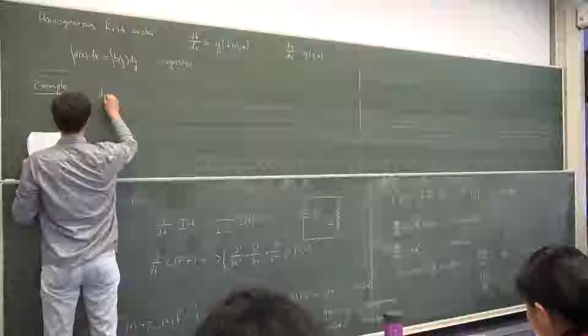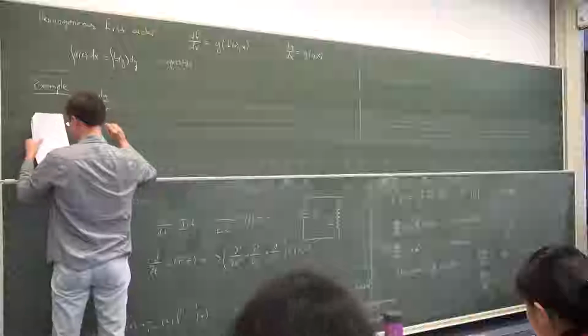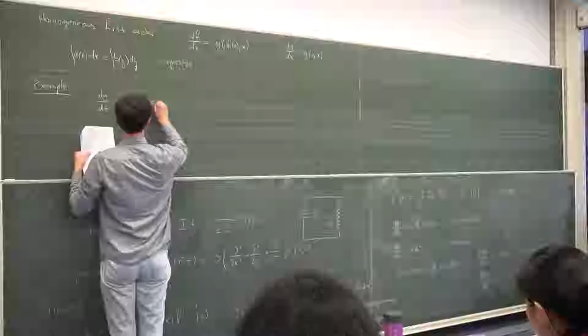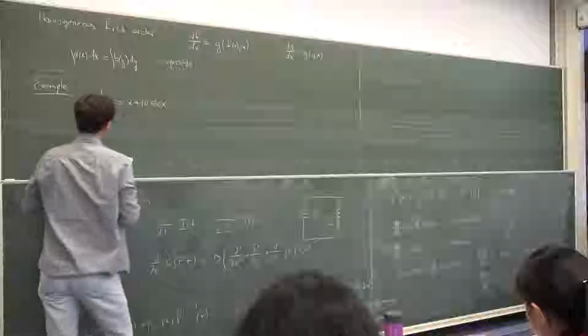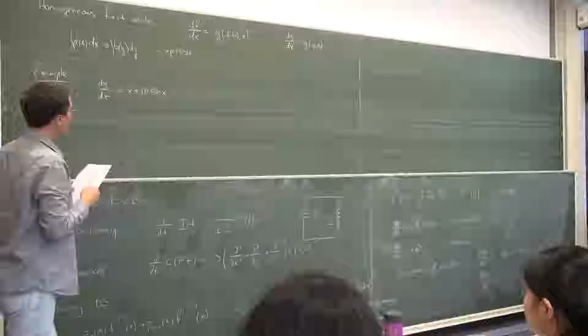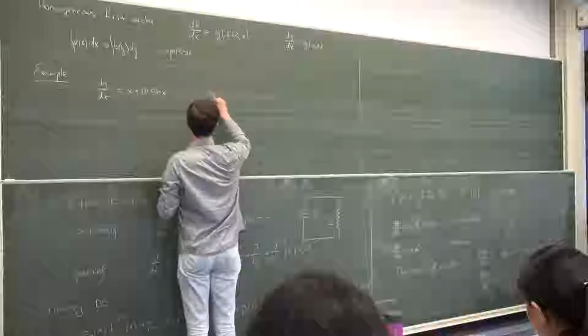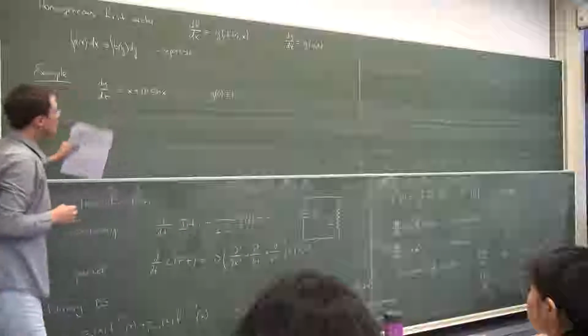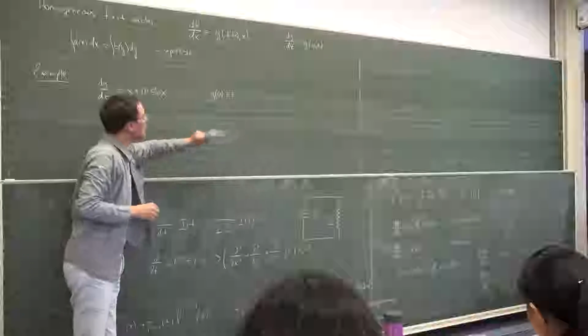Say dy by dx is x plus 10 sine x. And we would like to have a solution for this for which y of 0 is 1. That's the differential equation. This is called the initial condition.